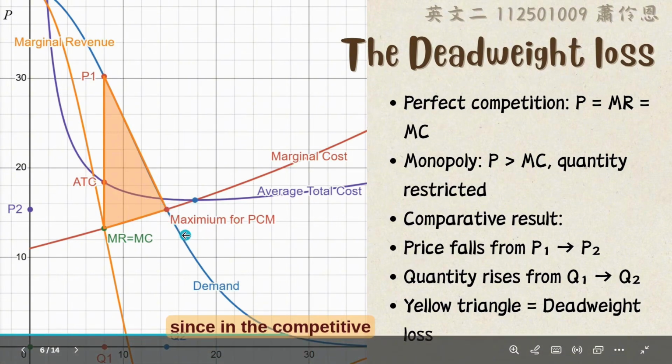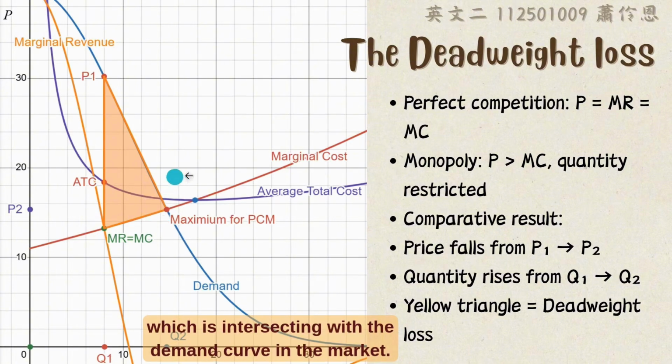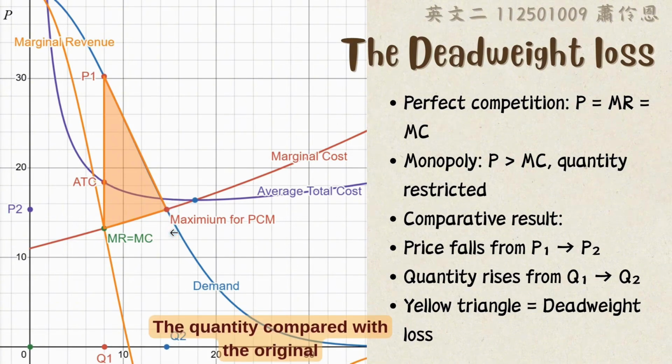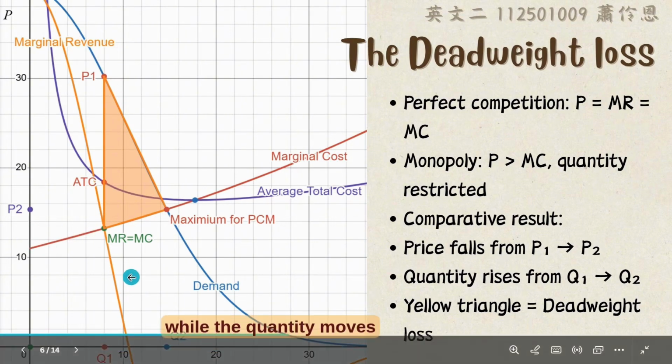In the competitive market, the marginal cost is also the supply curve, which intersects with the demand curve in the market here. Compared with the original monopoly, the price moves from P1 to P2, while the quantity moves from Q1 to Q2.